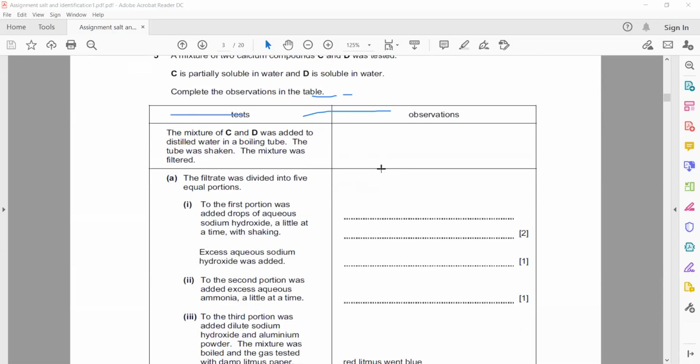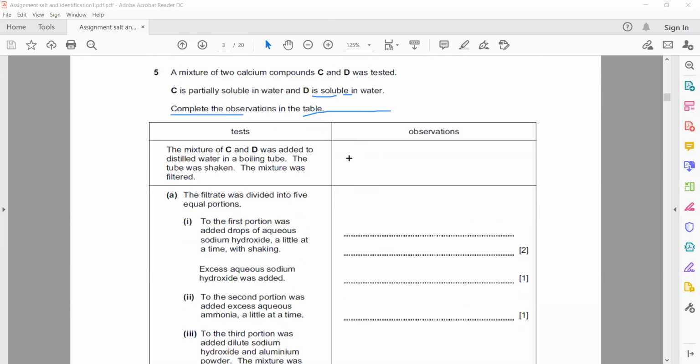The filtrate was divided into 5 equal portions. Because D is completely soluble, the filtrate contains mostly D and maybe a small amount of C. Why am I saying a small amount of C? Because C is partially soluble, not completely insoluble. So maybe some C is there, but mostly it will have D.